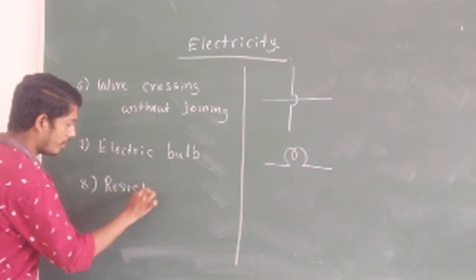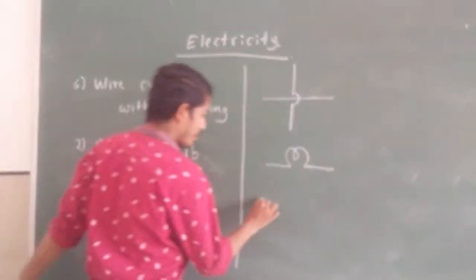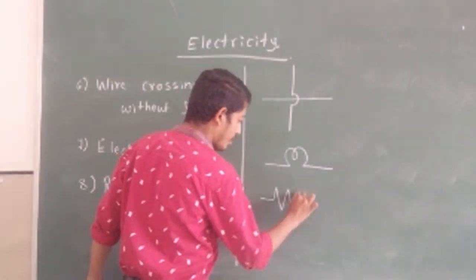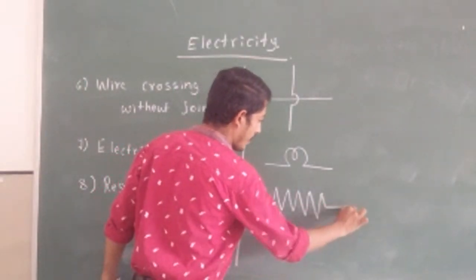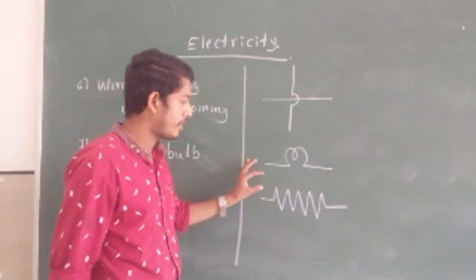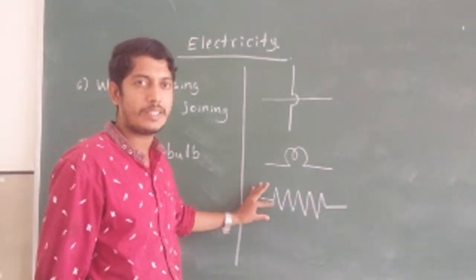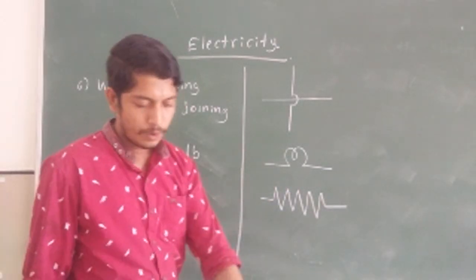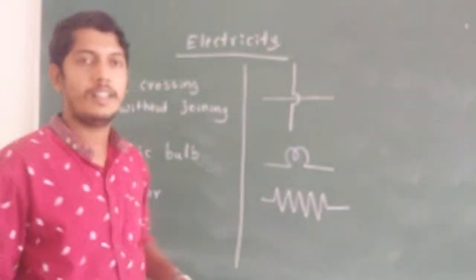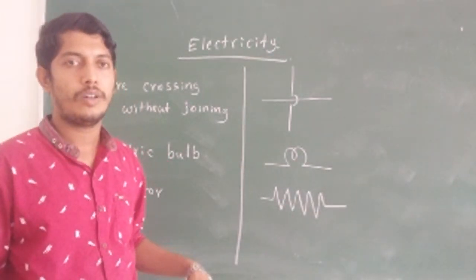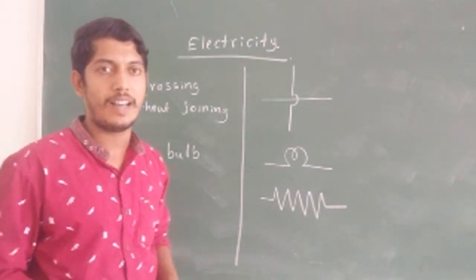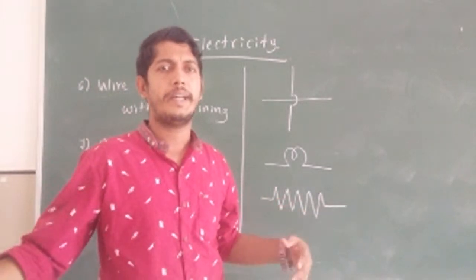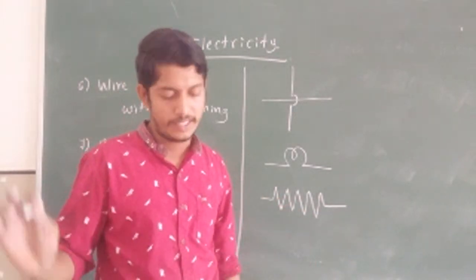We have to draw a zigzag here, and the same length we have to consider in the upper part as well as in the lower part. So a zigzag is used to represent a resistor, and that comes in the later part. It is also represented by the capital letter R, and it also has SI units and values, etc.